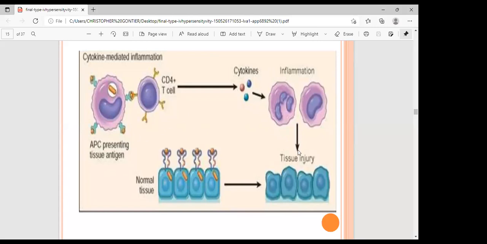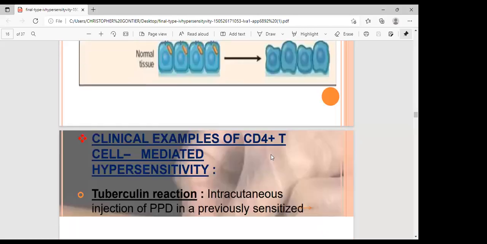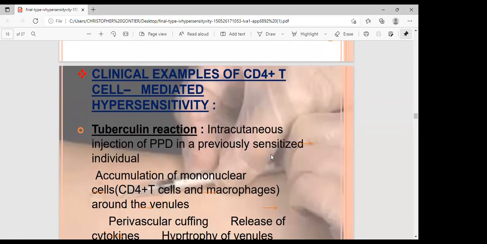But what's critical here is this tissue injury, which now involves surrounding normal tissues, plus the offending agents. This is classically manifest in the so-called tubercular reaction, all right?